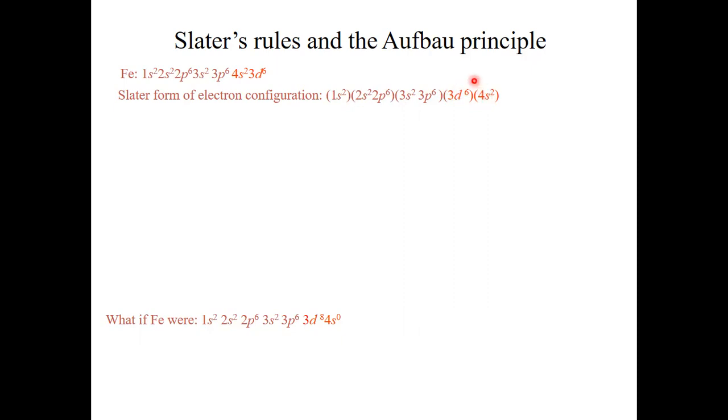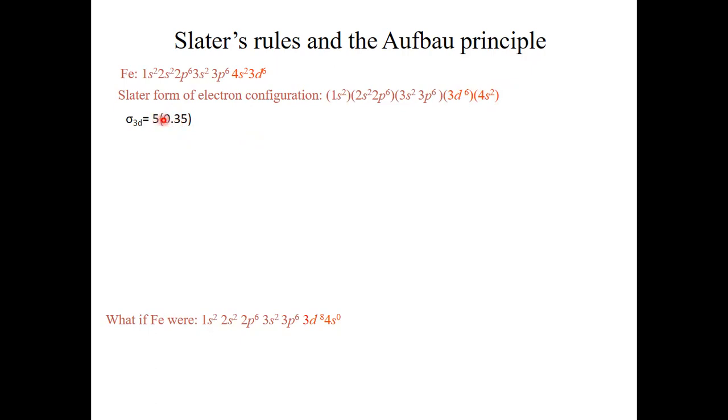In the first step, we need to determine the shielding constant and effective nuclear charge for these electrons. We can start with the 3d electrons first and determine the shielding constant. These 2 electrons to the right don't count because they are further away. So we have 5 additional electrons in addition to the d electron that we're looking at, and because these are in the same group, they account for 0.35 each.